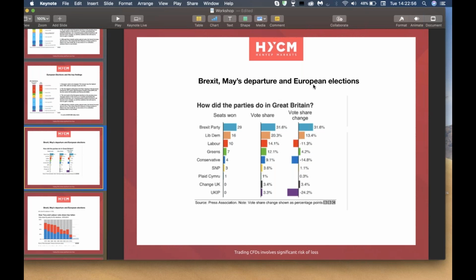Now, if you see the vote share change from a previous year, previously UKIP had won a huge share of the votes, I think around 27%. Now UKIP at that time was led by Nigel Farage, who now leads the Brexit party.